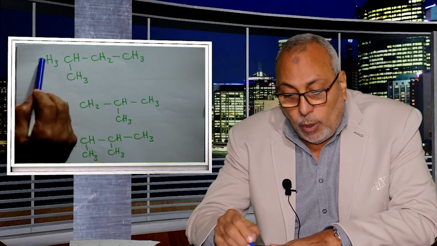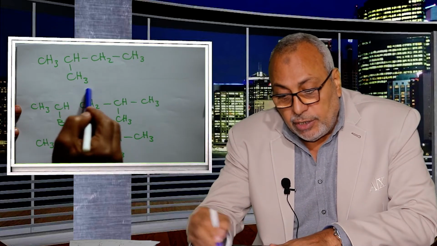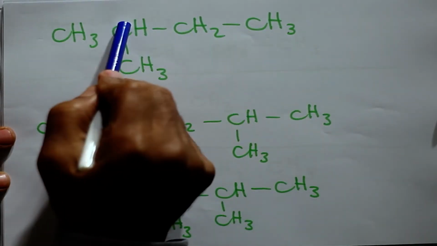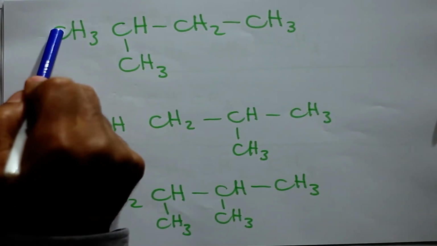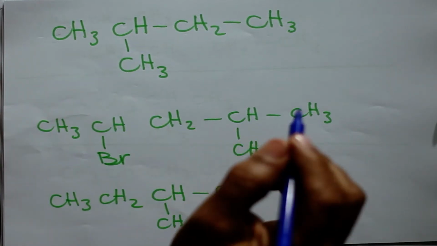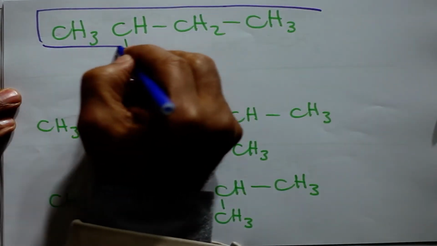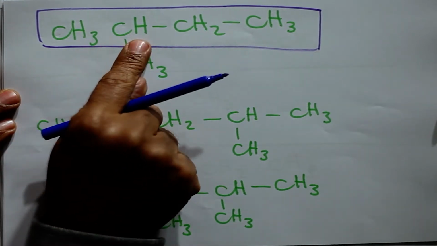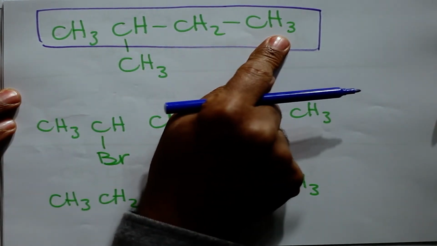From this end, 1, 2 have a branch, but from the other end, 1, 2, 3 is the nearest end. We get this continuous series: CH3, CH2, CH2, CH3.